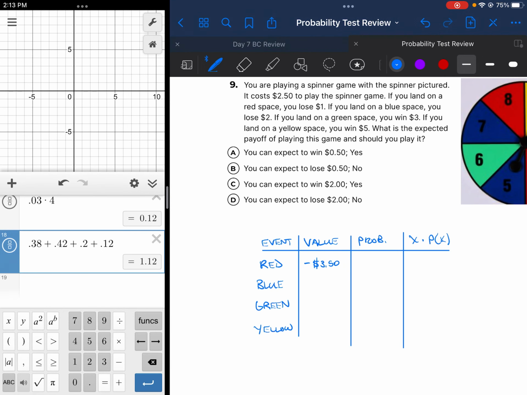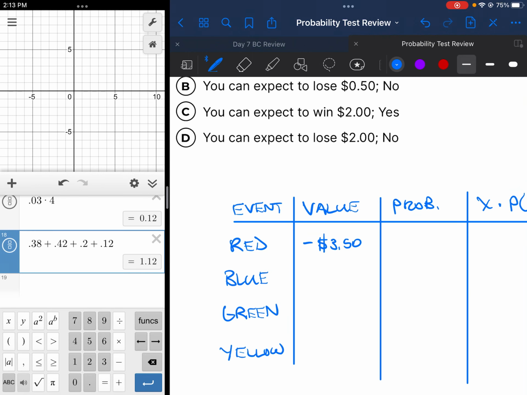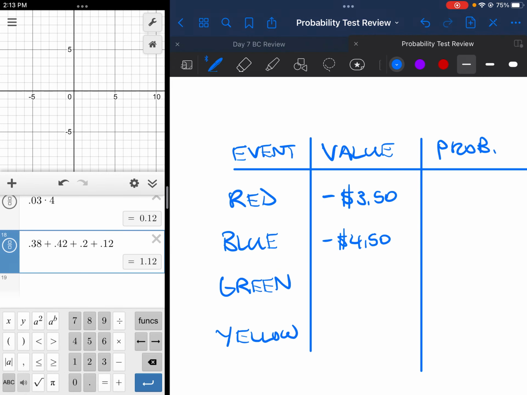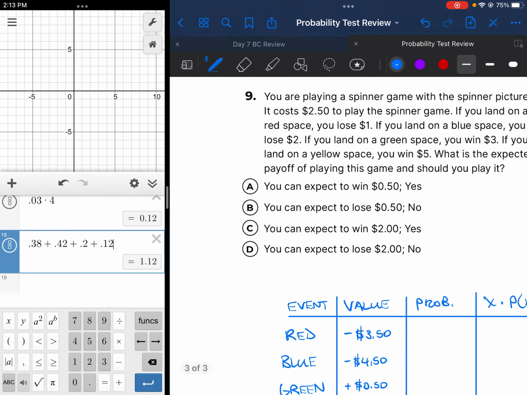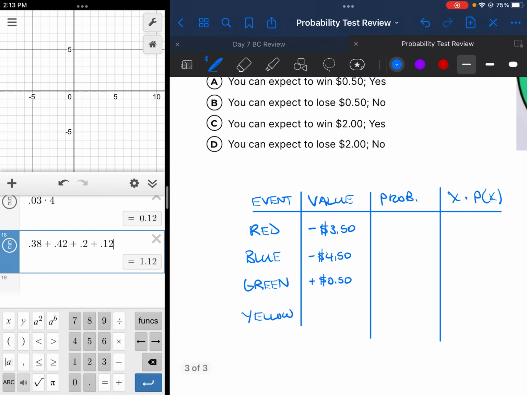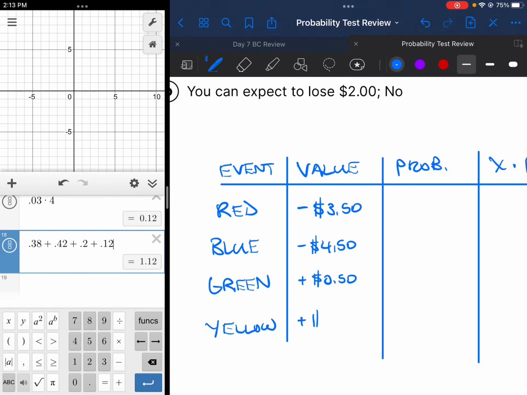If we land on a blue space, we're told that we lose $2, but we already paid $2.50 to play, so we're really losing $4.50. If we land on green, you win $3, but you paid $2.50 already, so you're really only positive 50 cents. And if we land on a yellow space, you win $5, but you paid $2.50, so you're positive $2.50.